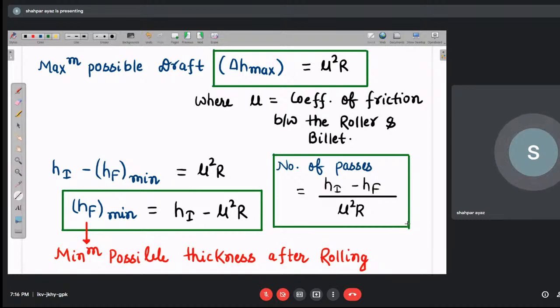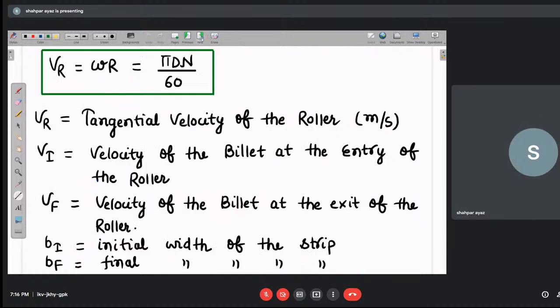Now, the next important point is the force and power calculation. Rolling force and power calculation. This is the last topic of rolling.